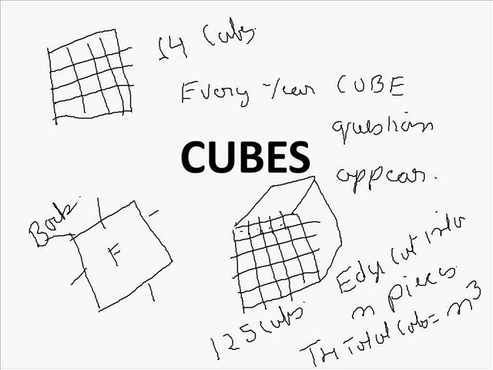If an edge is cut into n pieces, then the total number of cubes are n cube. Now, where people can make a silly mistake: if I say there are 3 cuts made on any edge uniformly from all the sides, the number of small cubes will be 4 on each side, and the total number of cubes will become 64. So this is how we go about it. I hope everybody is clear about this.